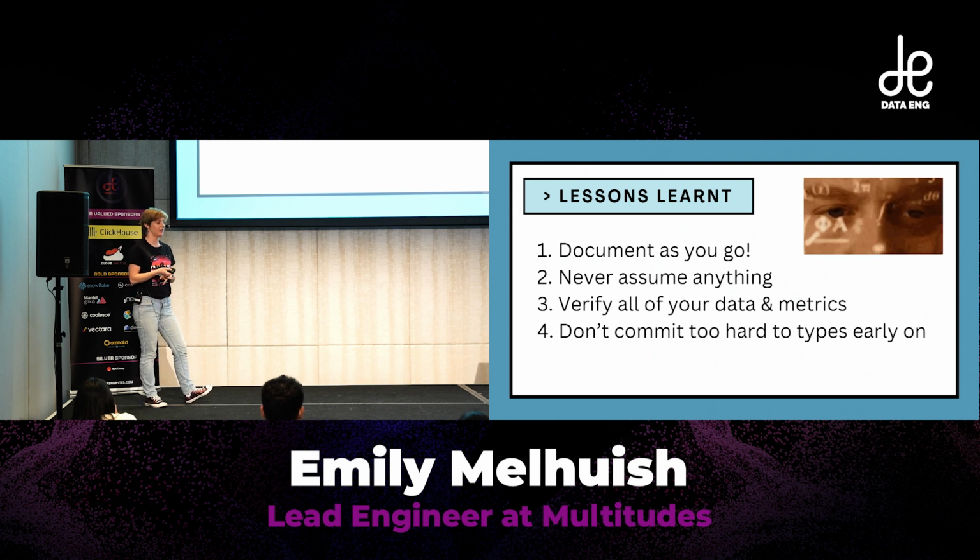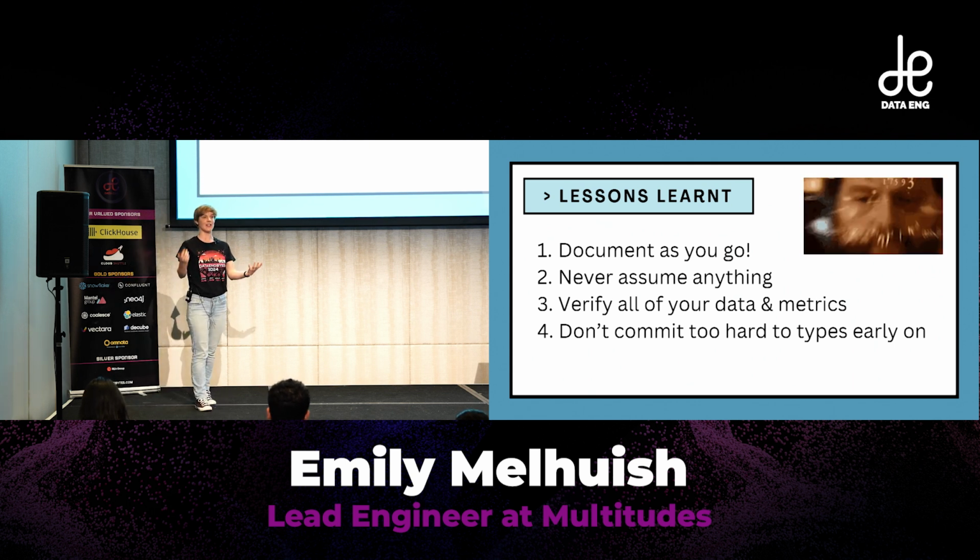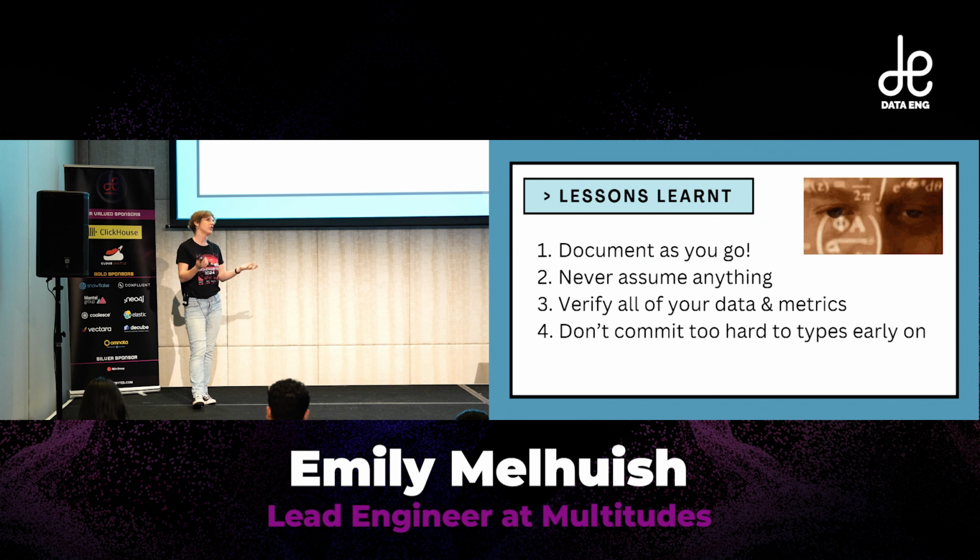Do not commit too hard to types early on. As mentioned, we try to save the rawest form of data, so if we need to change something, we can. For example, we like to use enum types, right? And in Jira, the status of an issue, you'd think that's pretty set: to do, doing, done. Okay, that's not going to change. But it turns out if you use Jira in Finland, we will get those fields in Finnish.